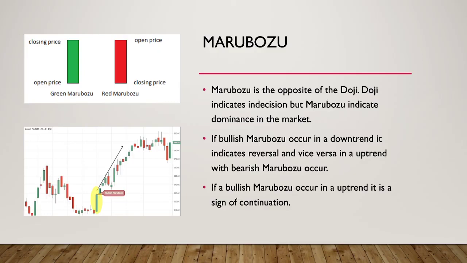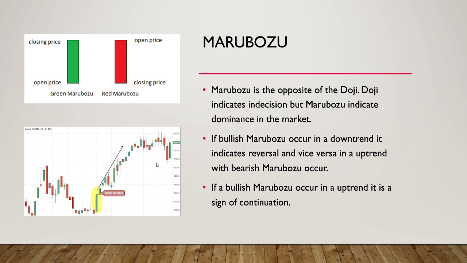However, if a marubozu occurs, it can be bullish or bearish. If it occurs in a downtrend, it indicates a trend reversal, right? It tells us the bulls, the buyers, have taken control of the market, so this is gonna go up. You should close your trade, right?